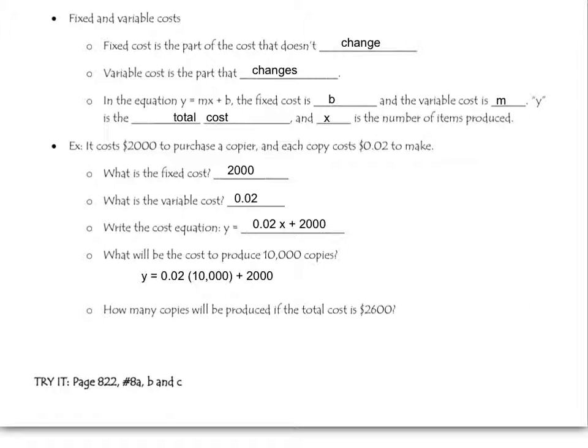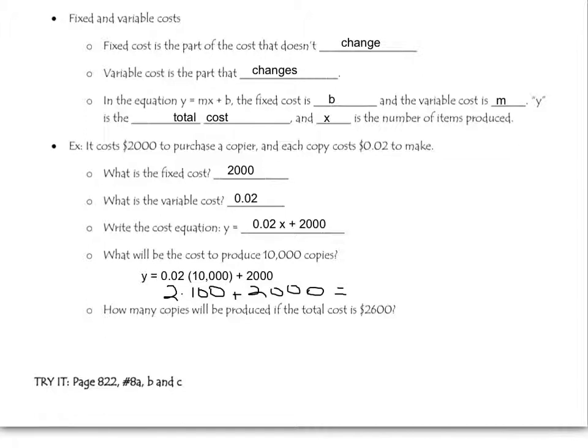So when we calculate that, notice that we can move the decimal of the original 0.02 to the right 2 places by moving the decimal of the 10,000 to the left 2 places, and we get y equals 2 times, when we move it to the left 2 places, we're left with 100, plus 2,000.